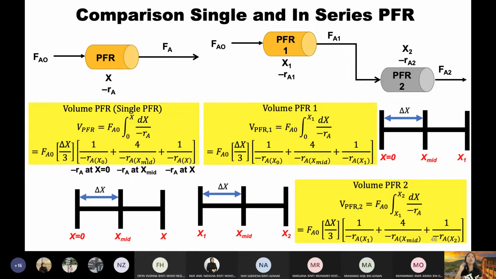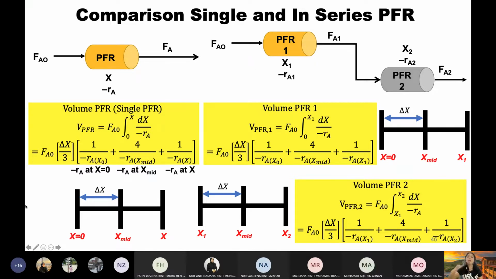Maka kamu akan mencari 4 over minus RA when my X 0.3. Done. Plus yang belakang 1 per minus RA at your upper limit. Your upper limit is X. So minus RA at your X. Kalau X kamu 0.8, minus RA when my X 0.8. Katakan X kamu 0.6, minus RA when my X is 0.6. Done. Okay, tu part tu senang.